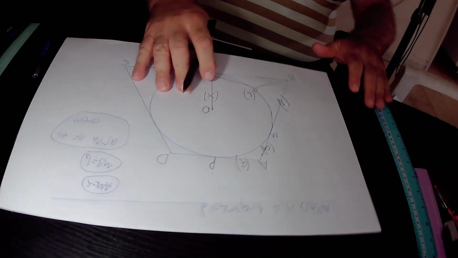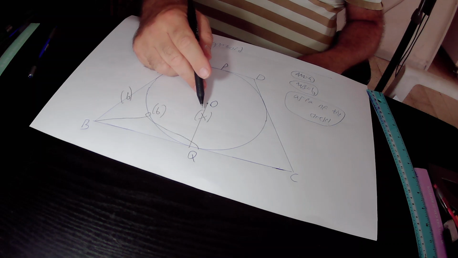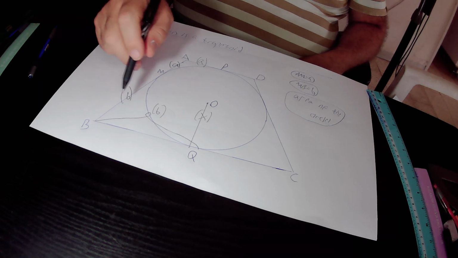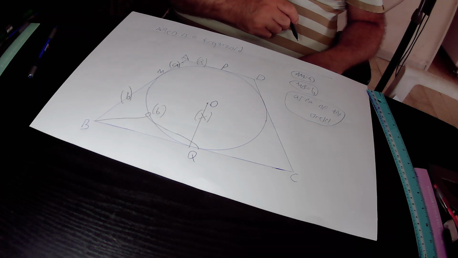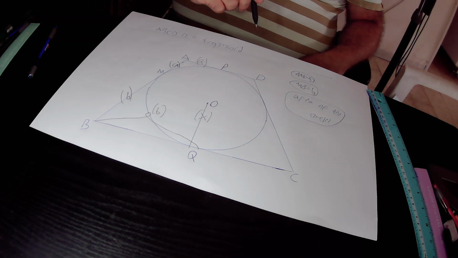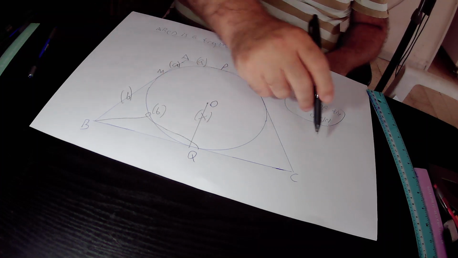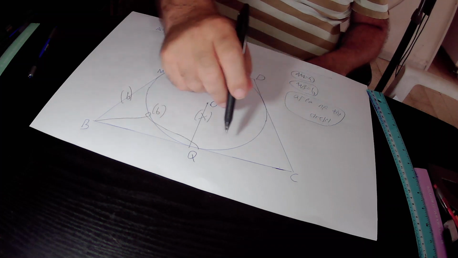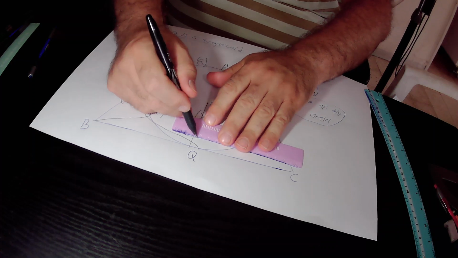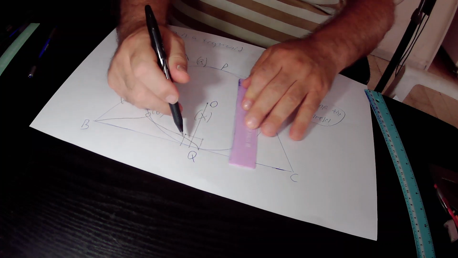And because the radius OQ is drawn to point Q, that is the point of tangency of tangent BC with this circle, according to rule 1, tangent BC will be perpendicular to the radius QO. If BC is perpendicular to QO, it means that this angle equals 90 degrees, and this angle also equals 90 degrees according to rule 1.